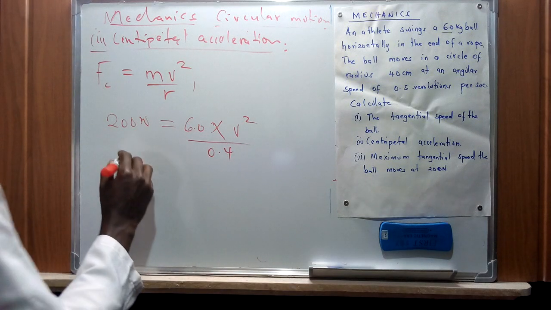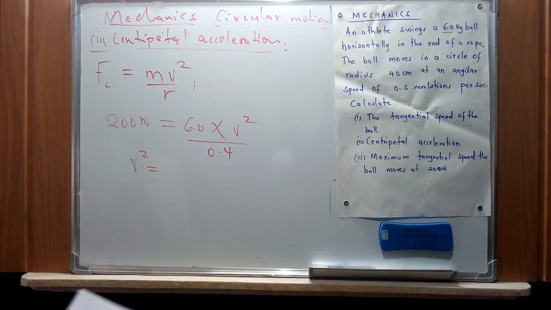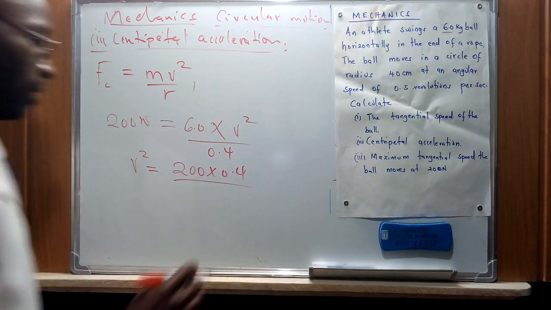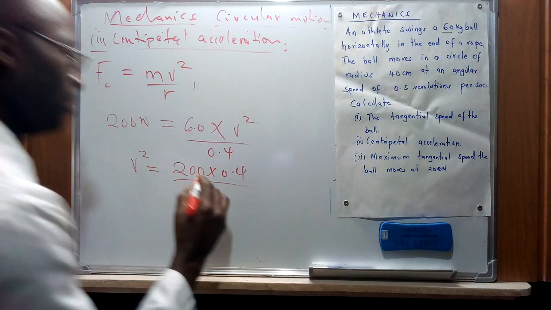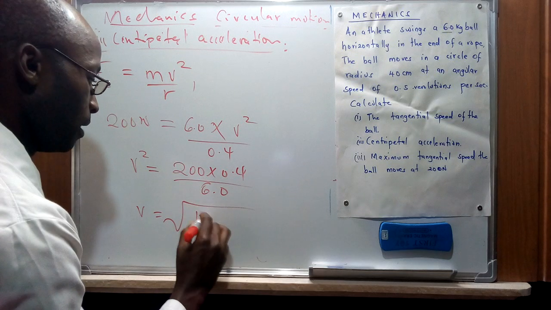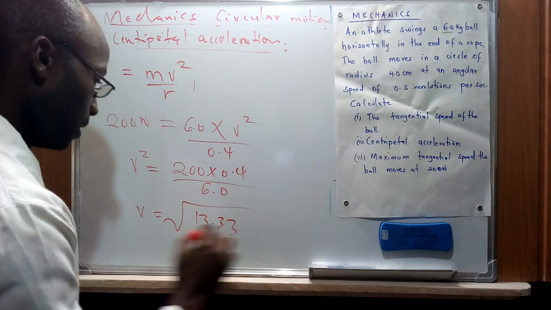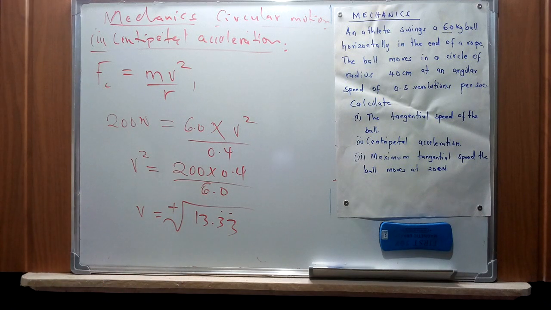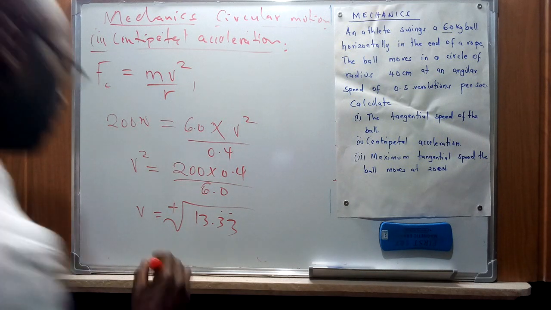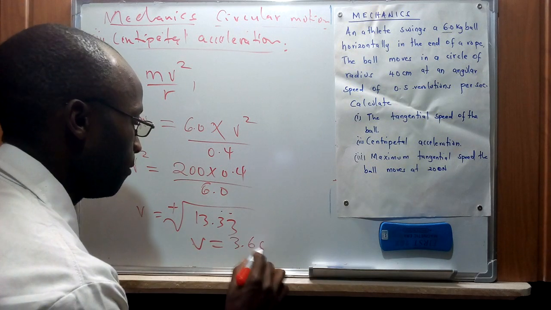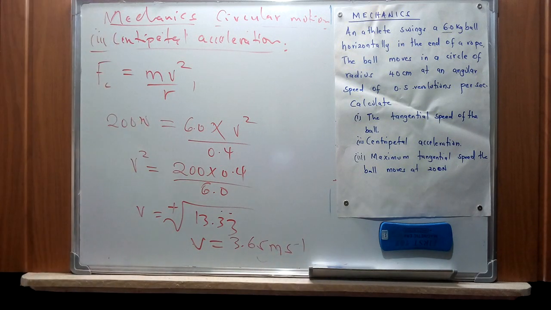So in that case, we are going to make v squared the subject of the formula, and then find it is 200 times 0.4 divided by 6.0. So v is the root of 13.33. We're going to find an absolute value because velocity in this case is not going to be negative. And this one v will give us 3.65 meters per second.